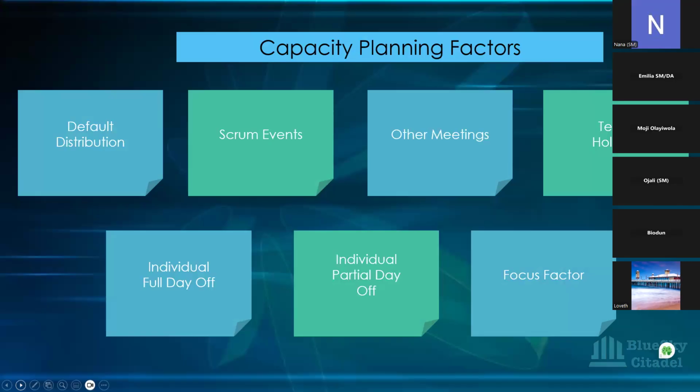Those are other meetings that come in, or they need to upskill particular team members, upskill their ability to work, and they are sending them on trainings. These are all the things that will affect your capacity planning and need to be considered.